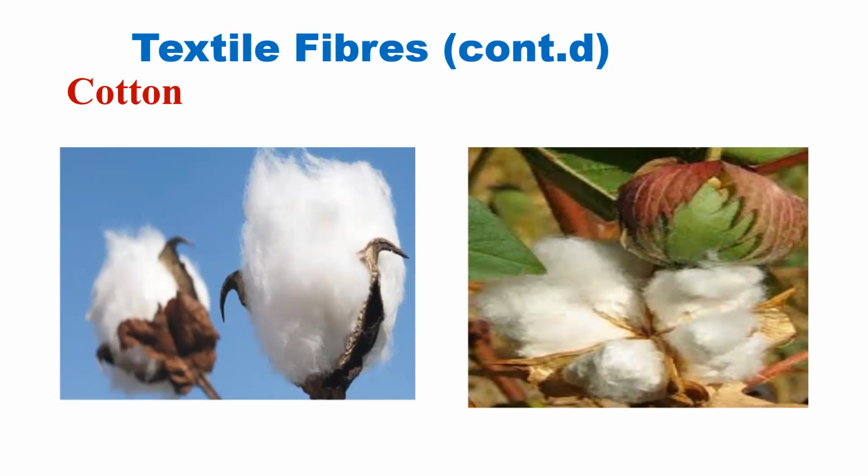So all natural fibers are short in nature, with the exception of silk. We shall discuss why silk is a natural fiber, but we are saying that all natural fibers are staple, and staple fibers are short, but with the exception of silk. Silk is very long, even though it's a natural fiber.